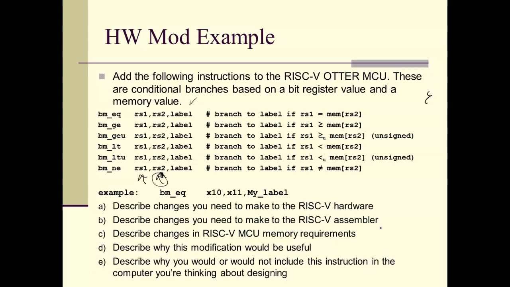So we can pull these comparisons directly out of memory. Kind of handy. So this, like I said, would be really handy if the computer I'm designing needed to do a lot of comparisons with data in memory. Now, if I didn't have to do a lot of comparisons with data in memory, it would probably be easier just to use the existing instructions, which would be slightly slower, but your call on that one.